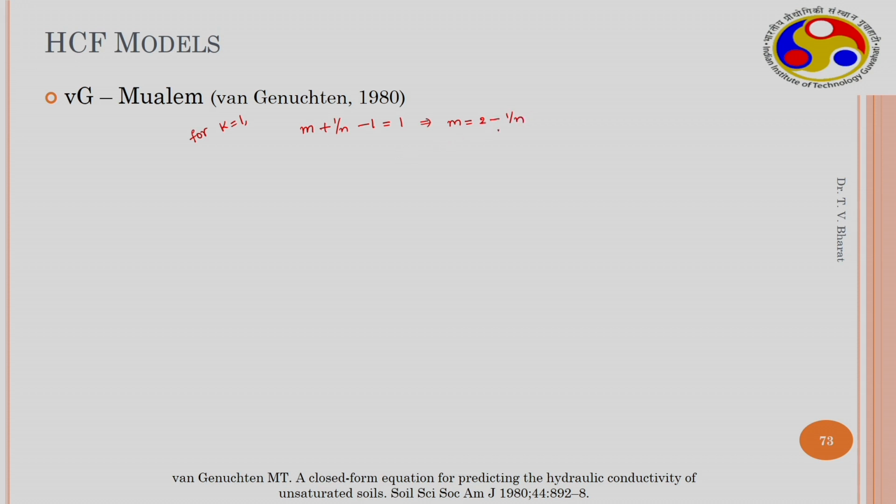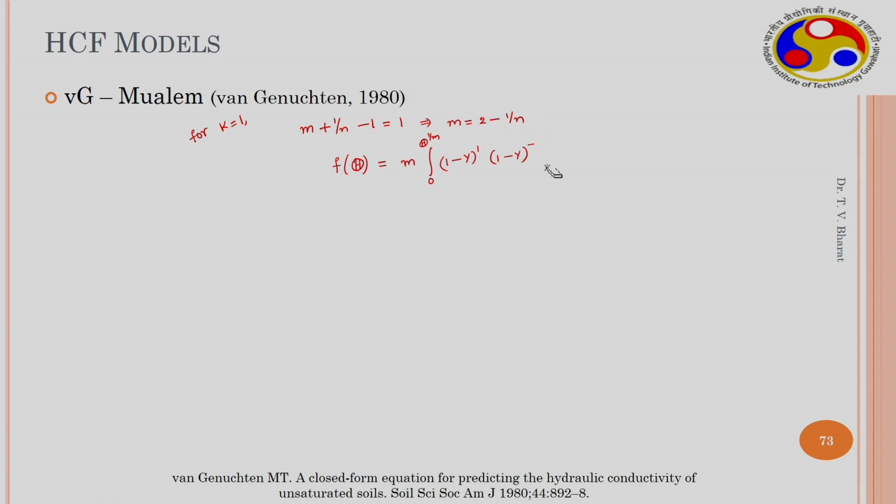So, when m equals 2 minus 1 by n is substituted, f of uppercase theta is equal to m times the integral from 0 to uppercase theta power 1 by m of 1 minus y power, it should be m minus 1 plus 1 by n, so this became 1, times 1 minus y power minus 1 by n.